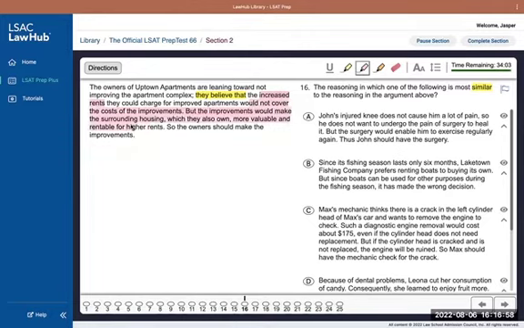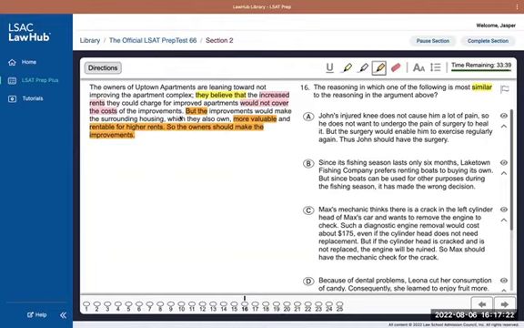They're not going to break even is what they're saying, but they're just looking at increased rents.